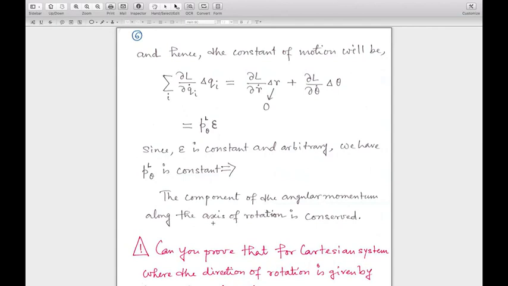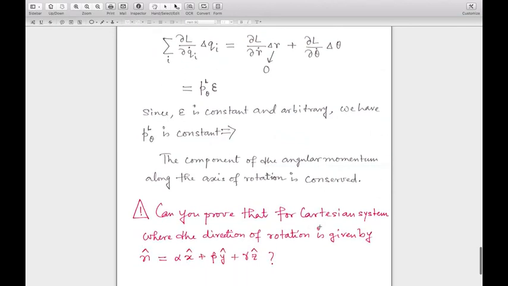That means saying the component of angular momentum along the axis of rotation is conserved is the same as saying that the total angular momentum is conserved.